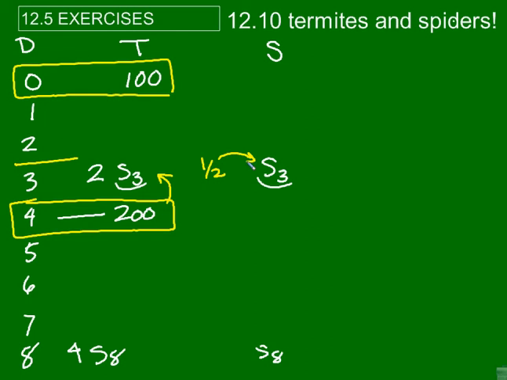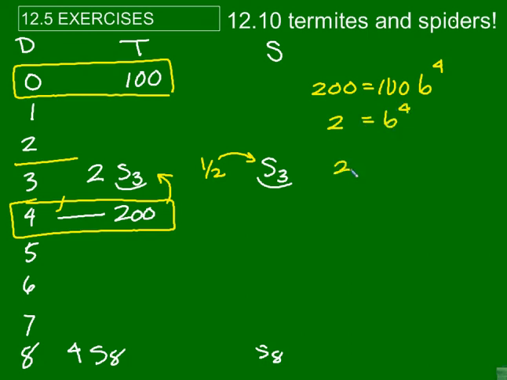All right, here we go. So, 200 equals 100 b to the 4. So, 2 equals b to the 4th.